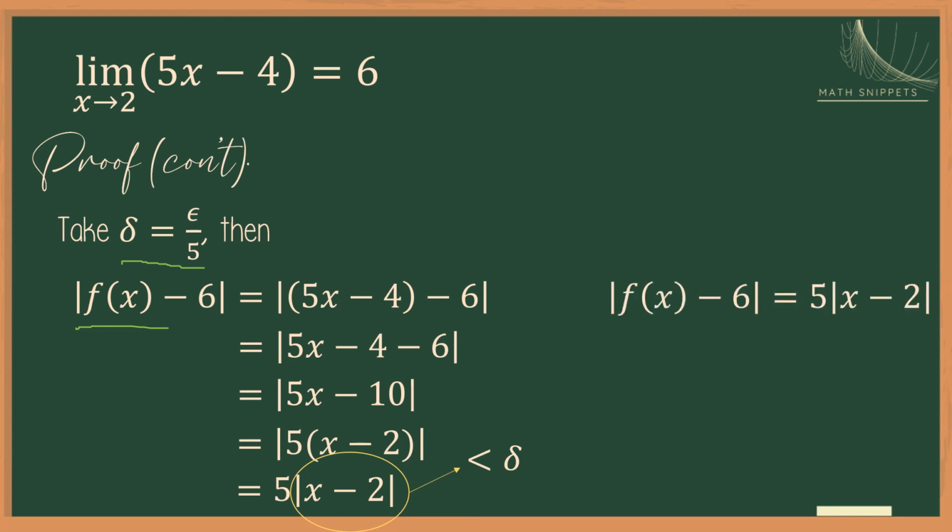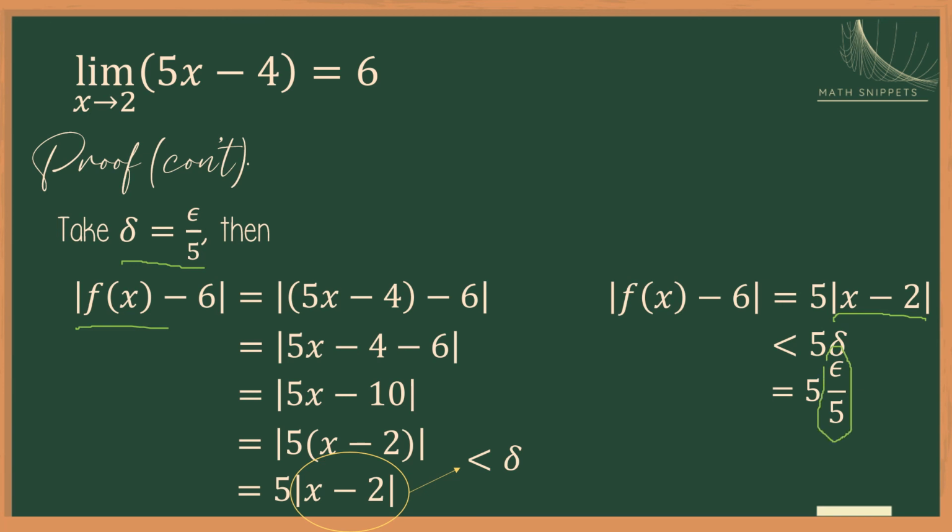So we substitute. The absolute value of f of x minus 6 is equal to 5 times the absolute value of x minus 2. Now, since the absolute value of x minus 2 is less than delta, we can write this as less than 5 times delta. Why did I substitute epsilon over 5?